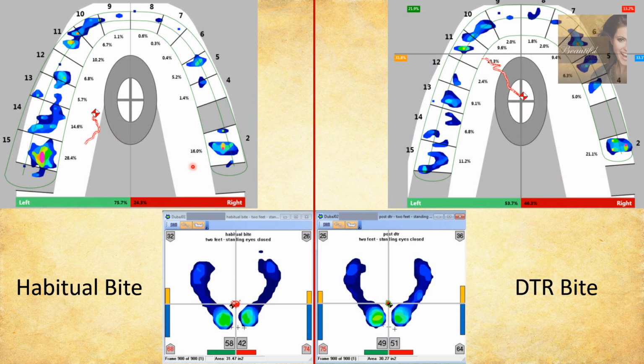All right, so the other question I get a lot is, how far down the body do the effects of occlusion take place? So what I want to show you here, on the left side of the screen, is the habitual bite, and on the right side of the screen is the DTR bite. These are done on the same day.